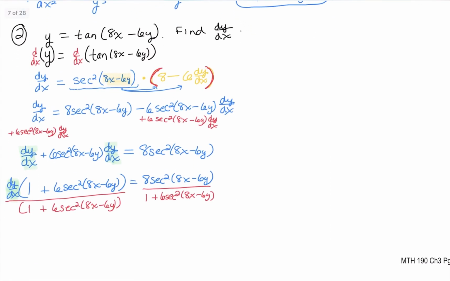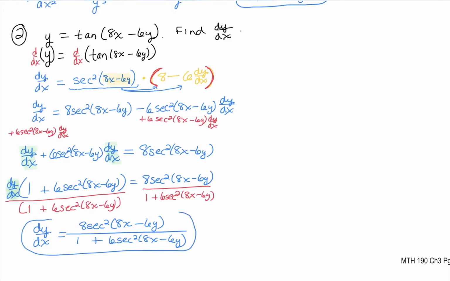And so there's my dy dx here. So dy dx could be written as 8 secant squared of 8x minus 6y all over 1 plus 6 secant squared of 8x minus 6y. And you definitely can't reduce anything there because of the addition in the denominator.